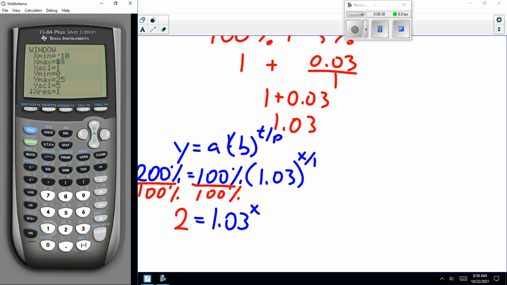Minus 10, 10. By default, go minus 10 to 10 all the time. Here's a problem. I'm not going to have negative years, and I'm not going to have negative money, so I should start at 0 for x and 0 for y.